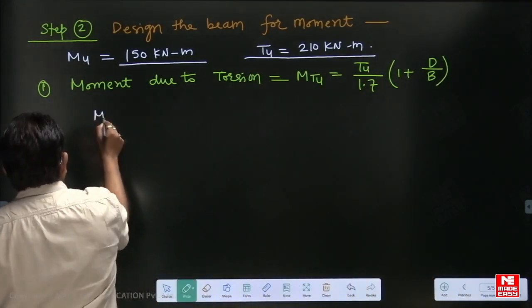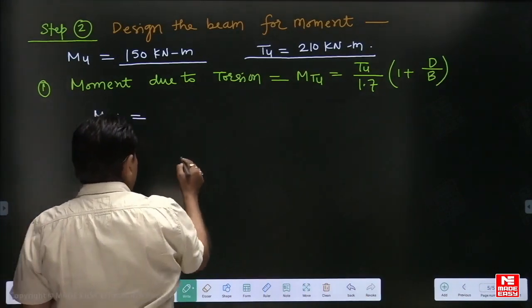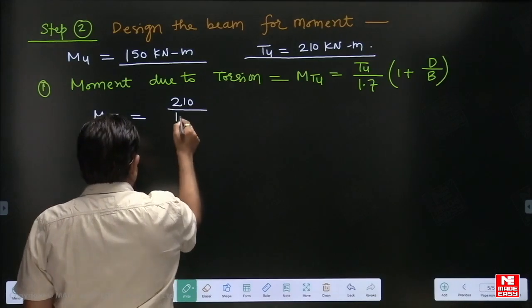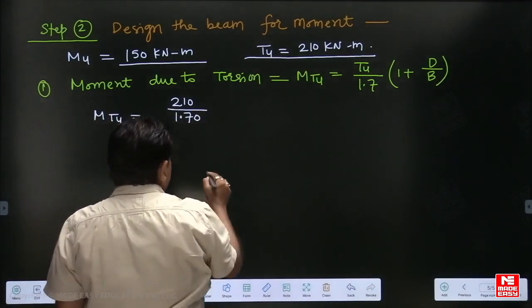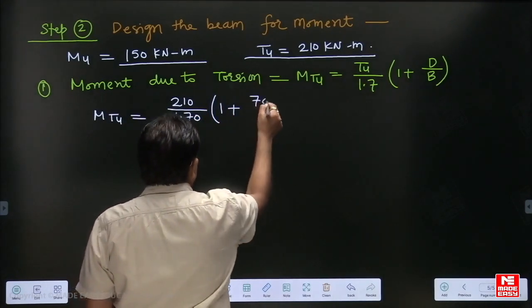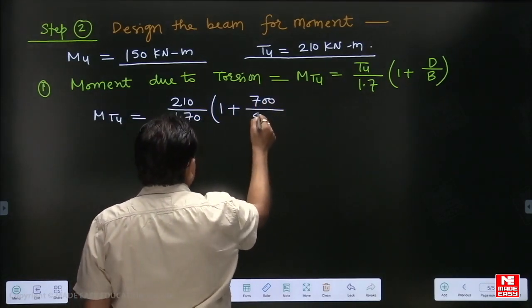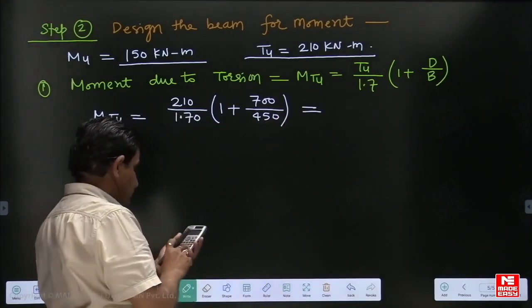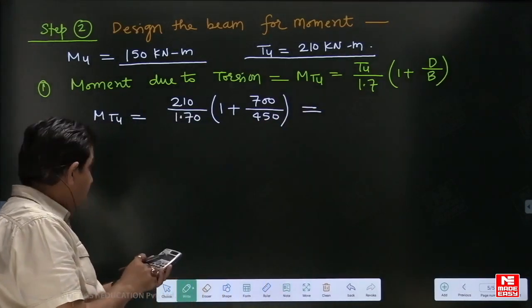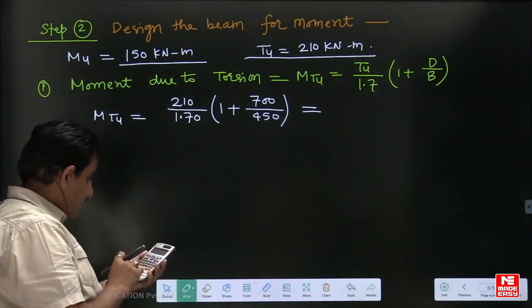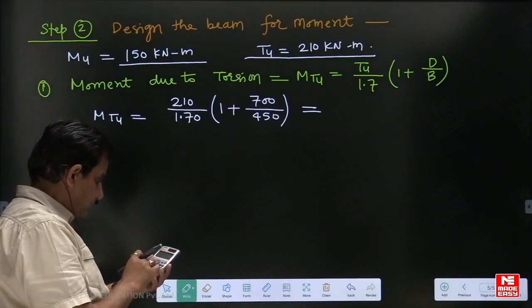So this MTU will become TU, that is 210 divided by 1.7 into 1 plus overall depth of the beam is 700 divided by small b we have calculated 450 mm. So let's do it. 210 by 1.7 into 1 plus 700 by 450.